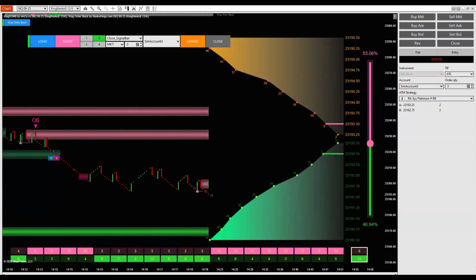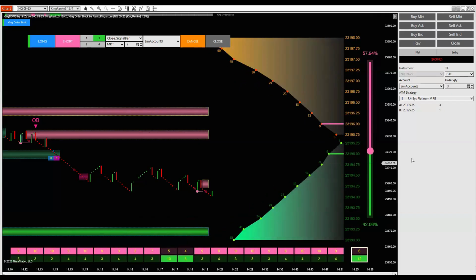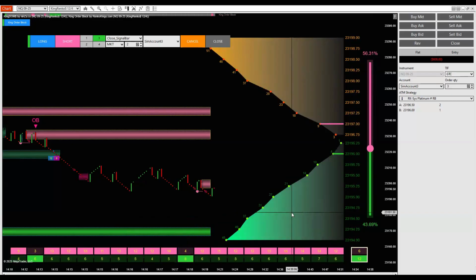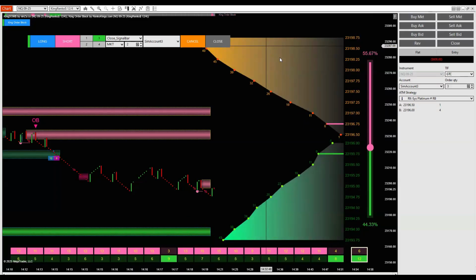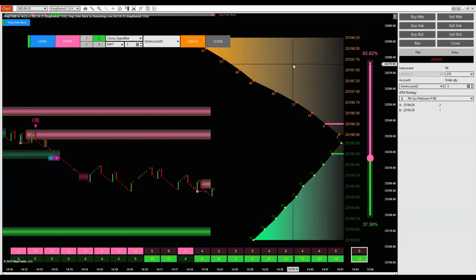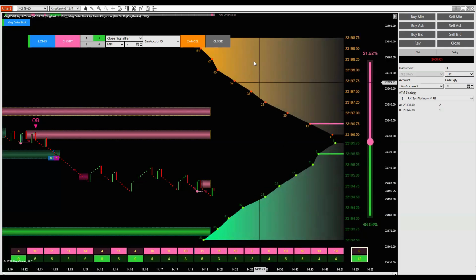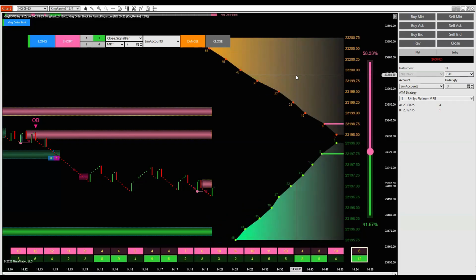Orange and green cloud. Okay, let's talk about this. This cloud represents the buyers, and this cloud represents the sellers. I think they call it a wave, so this wave represents the buyers and this wave represents the sellers.